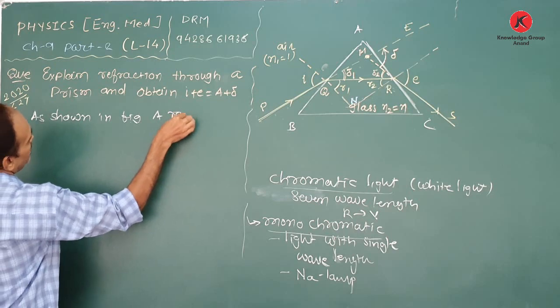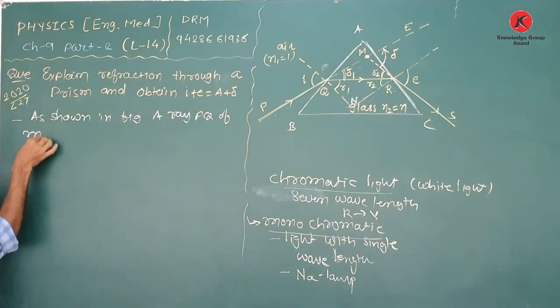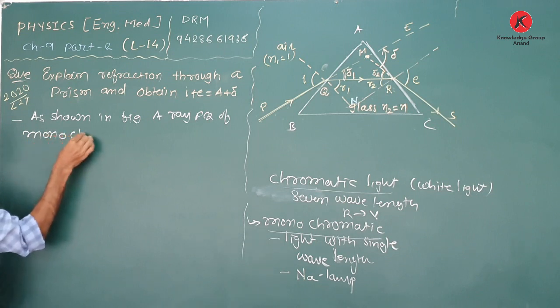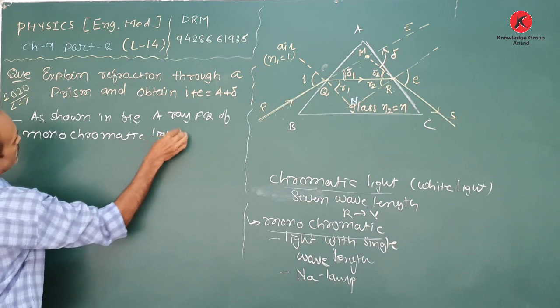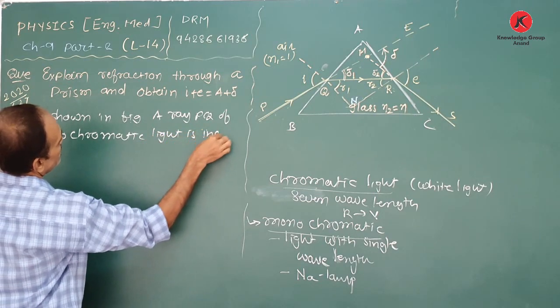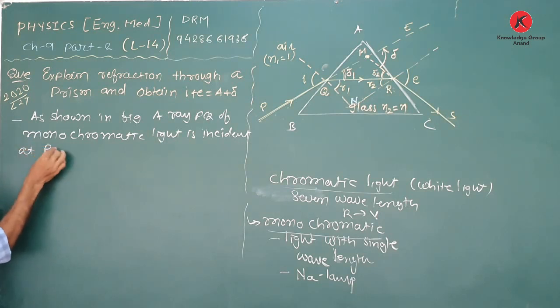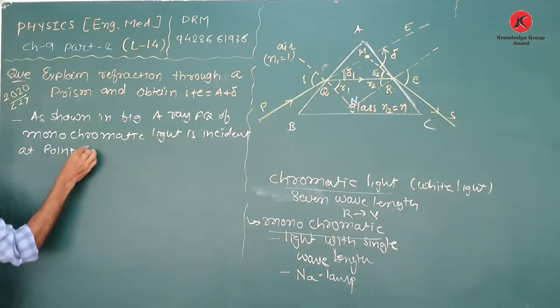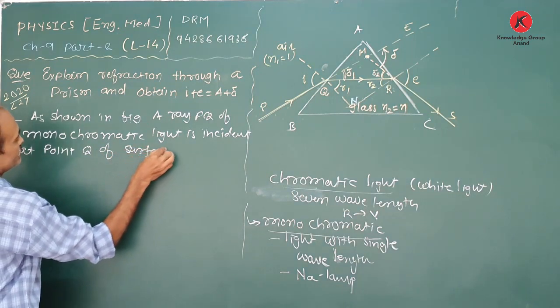A ray PQ of monochromatic light is incident at point Q of the surface.